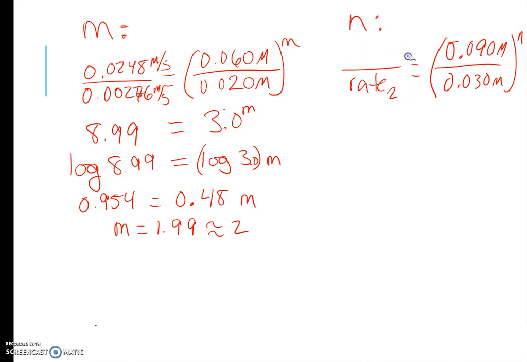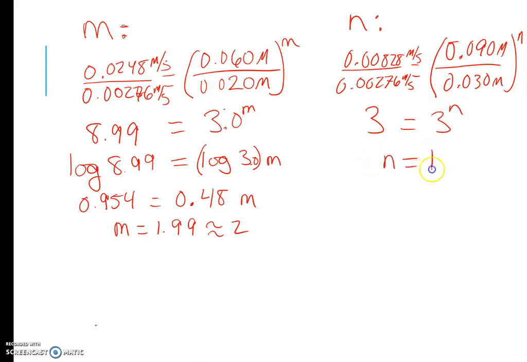When we substitute the rates in, we had 0.00828 and 0.00276. This came out to be a nice value of 3 is equal to 3 to the n value. And so in order to make this true, n is equal to 1.